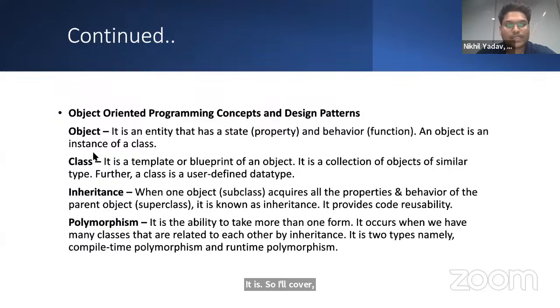I'll cover a brief about these points. What is an object in Java or object-oriented programming? It is an entity that has a state. State means some properties, like name. If we take the example of a student object, a student should have name, ID, course.